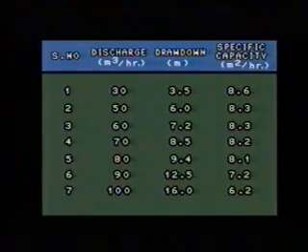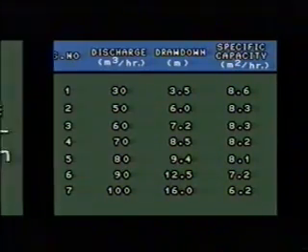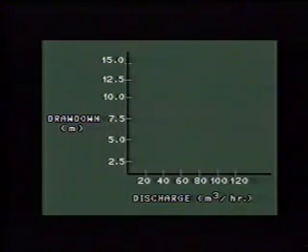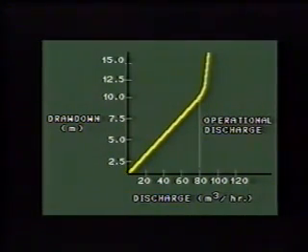Efficiency of the well depends on the specific capacity, which is the ratio of discharge to drawdown. Generally, operational discharge is 80% of the maximum discharge at which the well is developed or at which drawdown increases disproportionately.